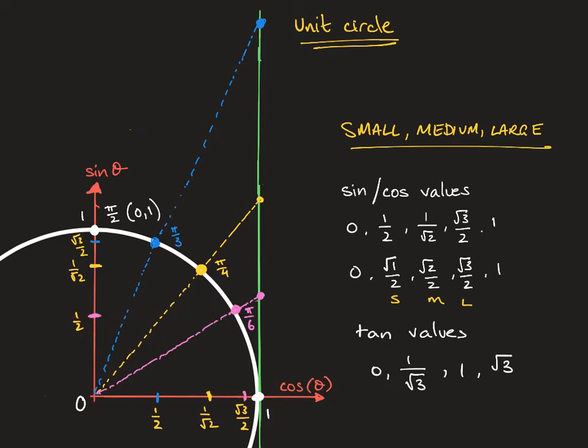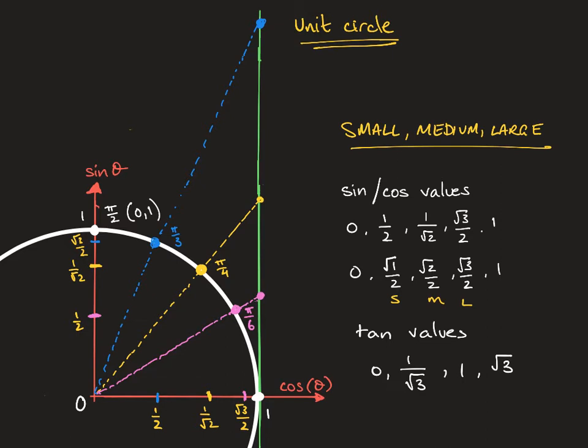For the tan values, you also have just 3 values, as well as 0, and they are in order. So the numbers all include either 1 or root 3 or a combination of the 2.